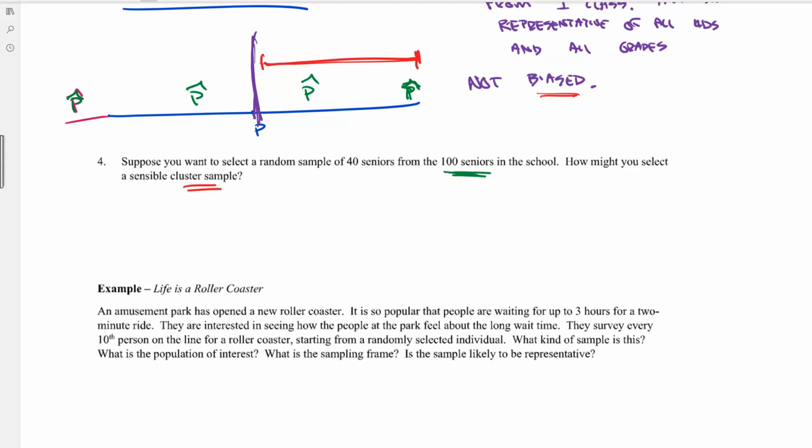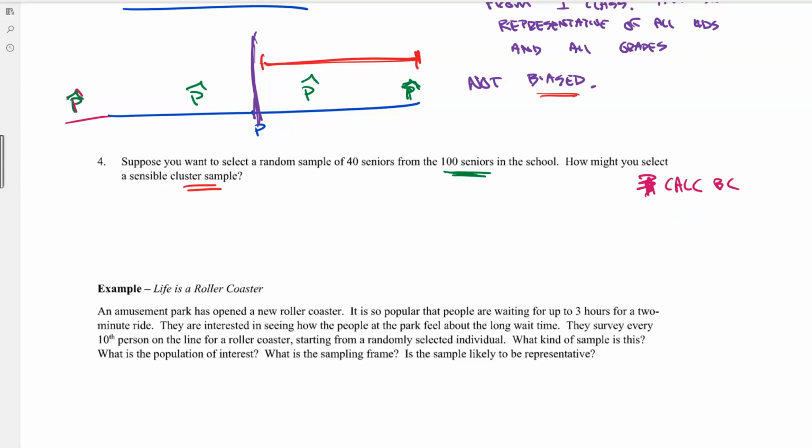How might you separate the seniors into clusters? Well, you could separate them by math class, but the kids in Calc BC might not be similar to the kids in Algebra 2 or something. I don't know what seniors take.